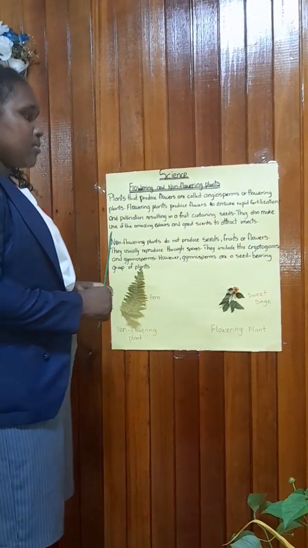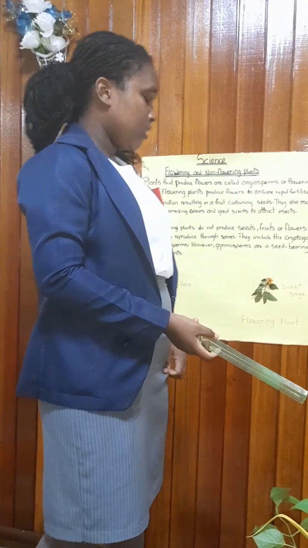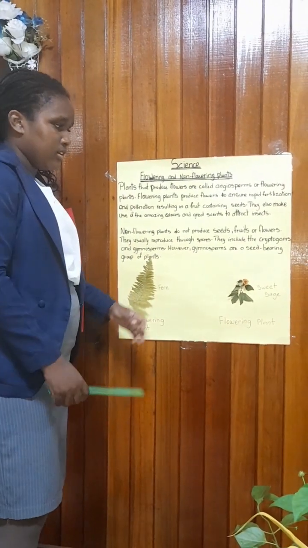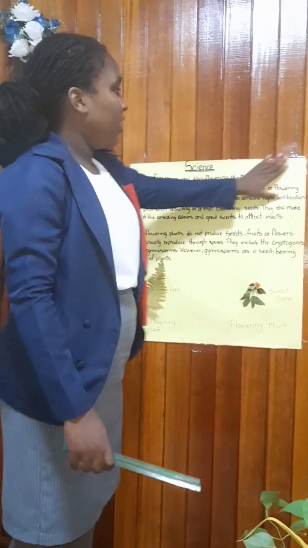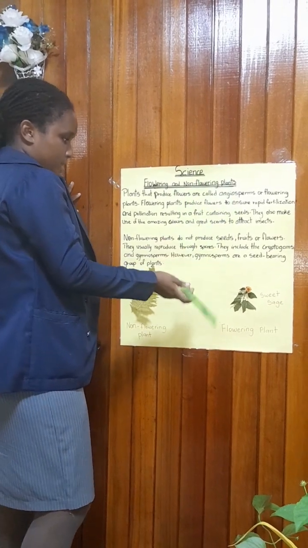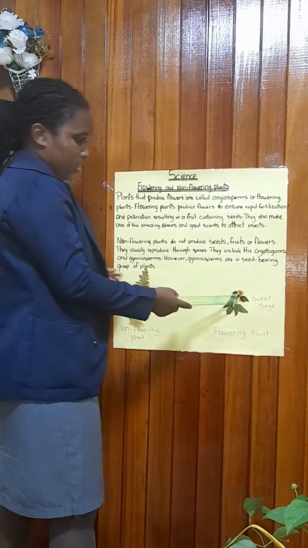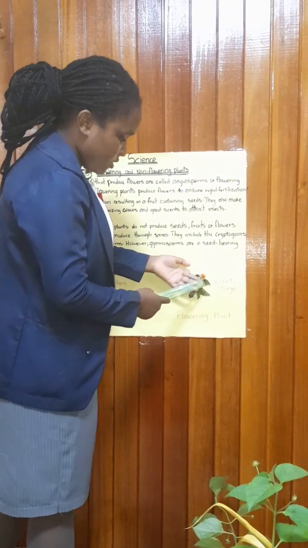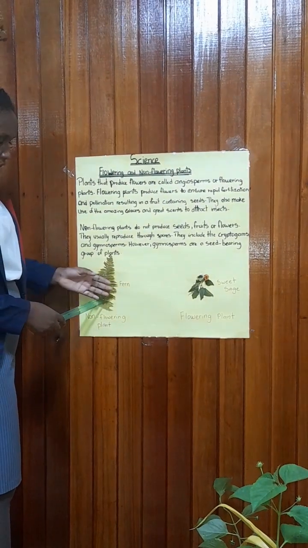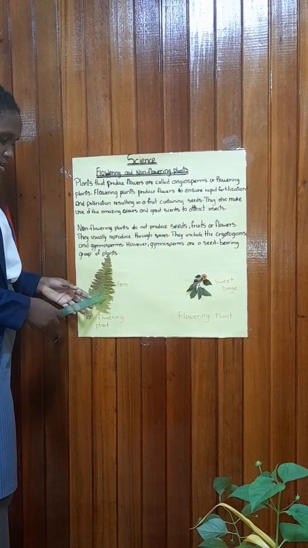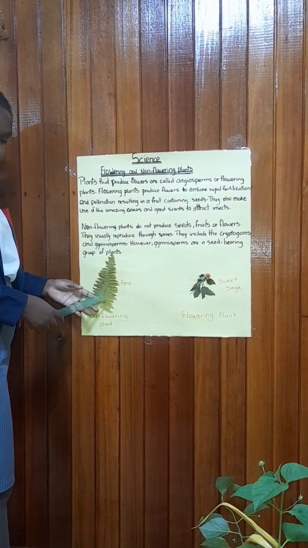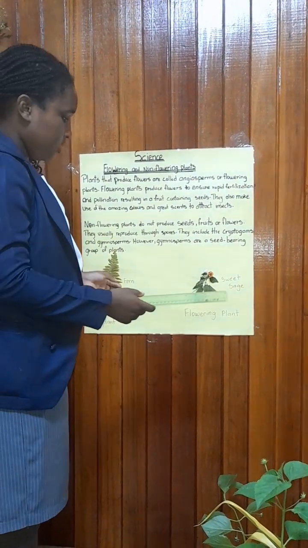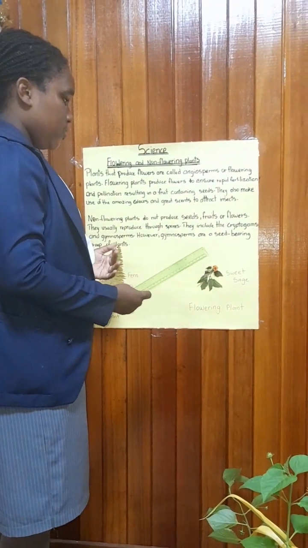Good, so just as I was saying earlier with flowering plants, the difference you can tell if you look here on the chart is that one has flowers when the other doesn't. Because if you look at this fern, you notice that there aren't any flowers. It's just green, right? Good. So that's one way you can tell the difference between the two.